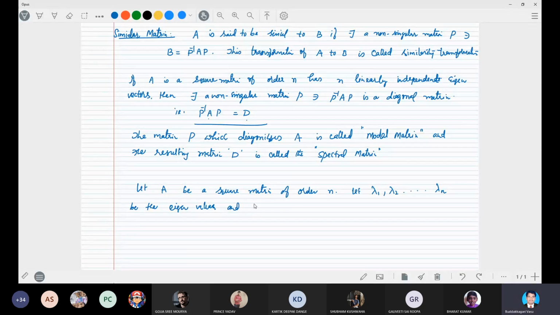And the corresponding eigenvectors, say x1 is equal to x11, x12, and so on up to x1n, x2 is equal to x21, x22, and so on up to x2n, and so on, xn is equal to xn1, and so on up to xnn, be the corresponding eigenvectors.